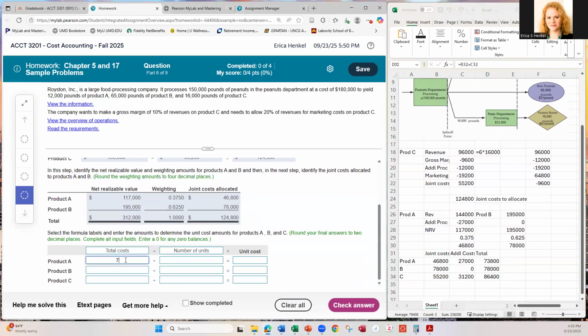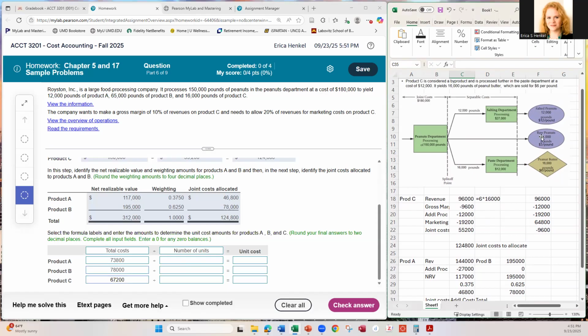Okay, so 73,800, 78,000, and hold on a second here. Oh, actually, sorry, I don't need the marketing on there for right now. That's going to be separate. We're just looking at inventoriable costs here. So 67,200.